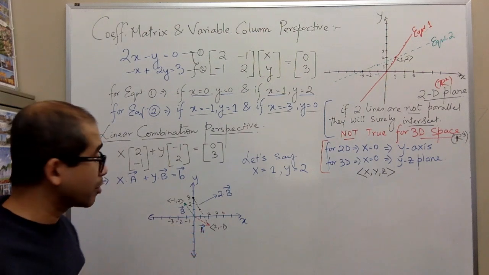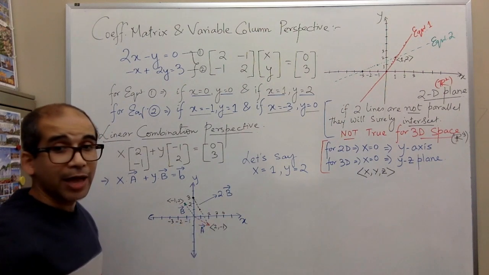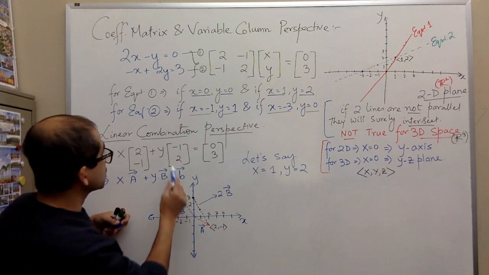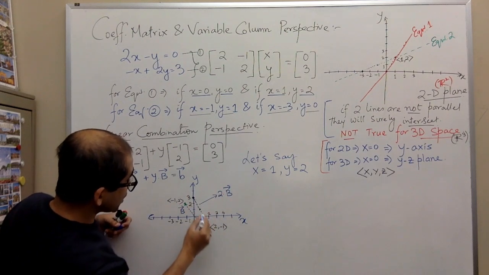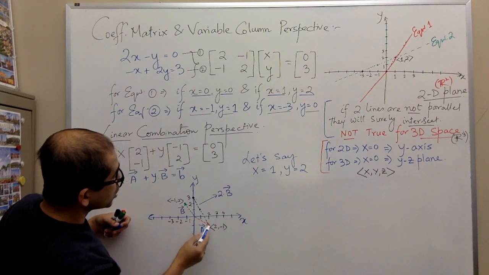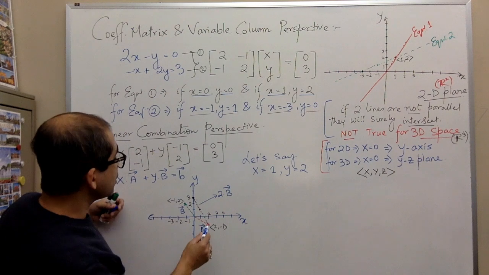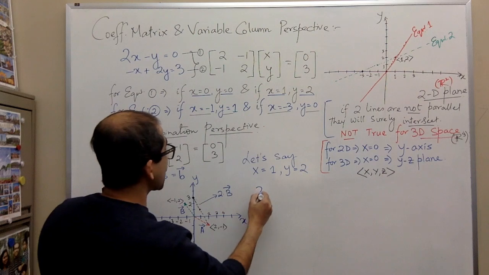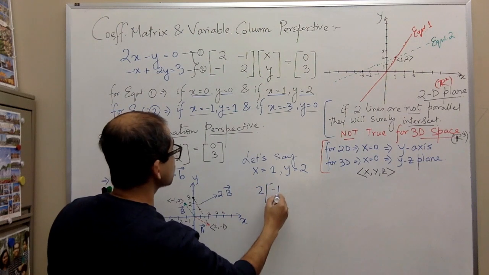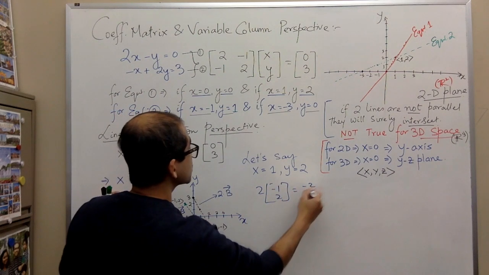For vector addition, if you remember, we match tip to tail. So this 2b, the black line, we match its tail with the tip of the vector a. 2 times minus 1 and 2 is minus 2 and 4.